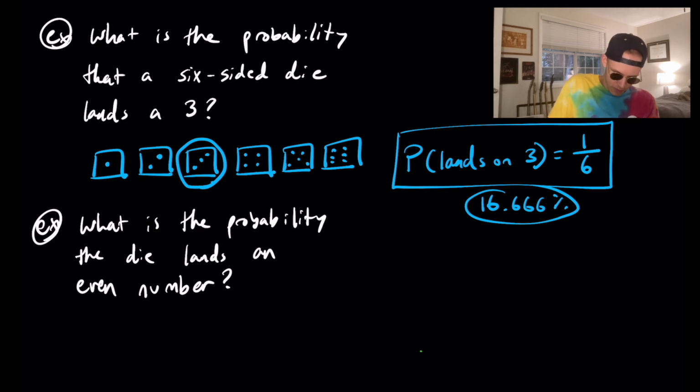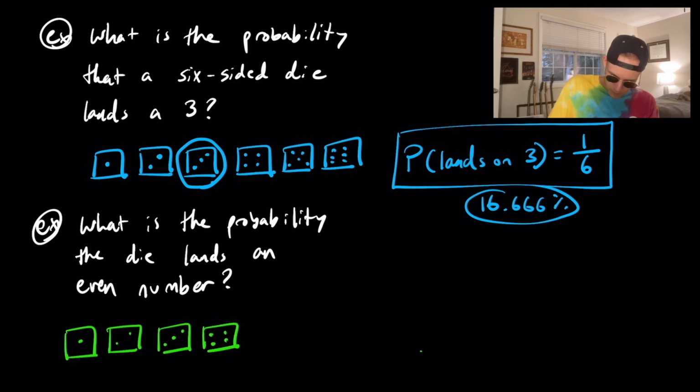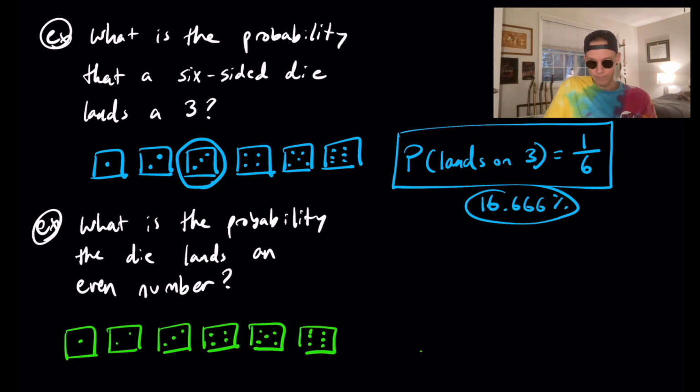All right, what's the probability that the die lands on an even number? So I'll draw out my outcomes from rolling a die. You got 1, 2, 3, 4, 5, and 6. All right, well, which one of those faces or outcomes are even numbers? Well, we have the 2, the 4, and the 6.